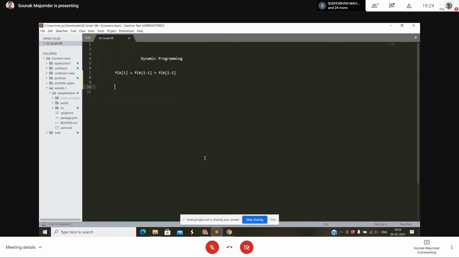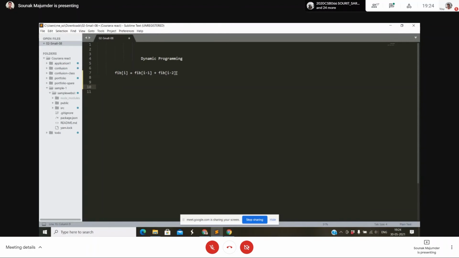For every state, in the iterative approach, we will go from 0, 1, 2, and we will get the i minus 1th Fibonacci number, the i minus 2th Fibonacci number, and then sum the two. Since in the bottom-up approach we are already calculating the smaller sub-problems, you can think that the i minus 1th and i minus 2th sub-problems are already calculated and stored in an array.